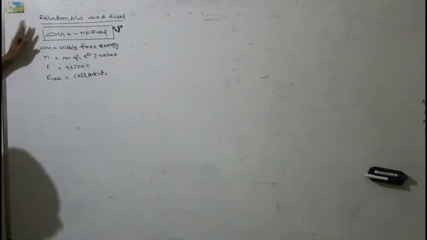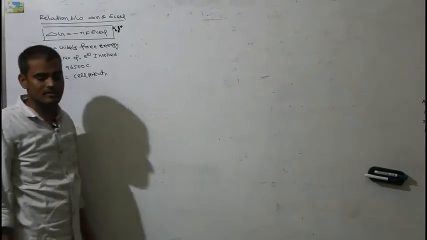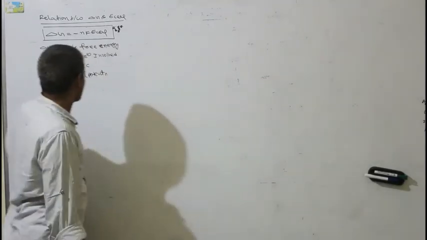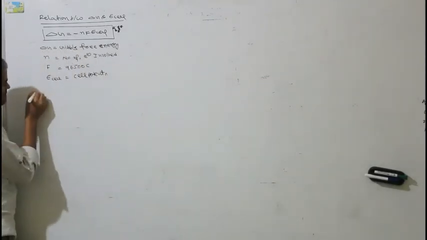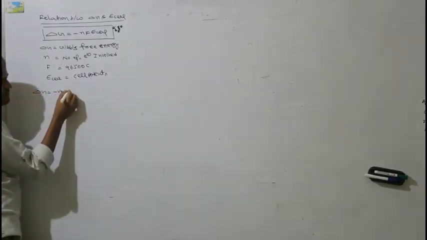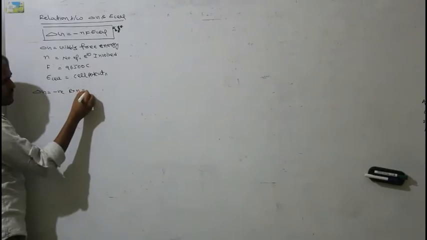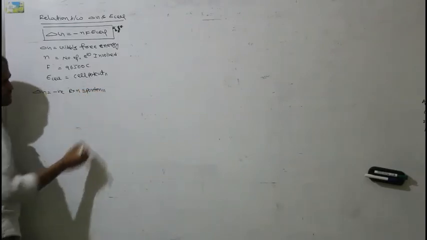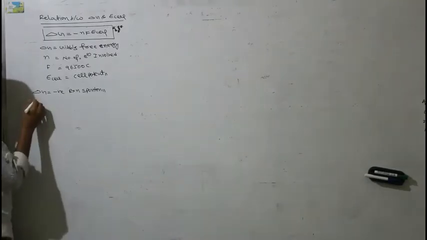With this equation, we will predict whether the given reaction is spontaneous or non-spontaneous. So here, when del G becomes negative, the reaction is spontaneous.